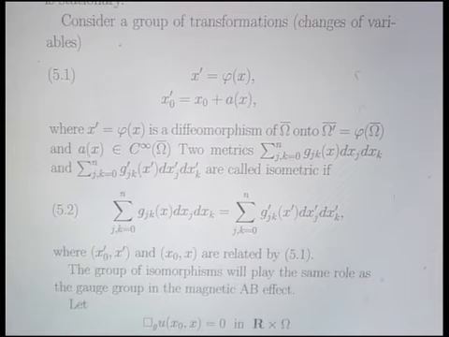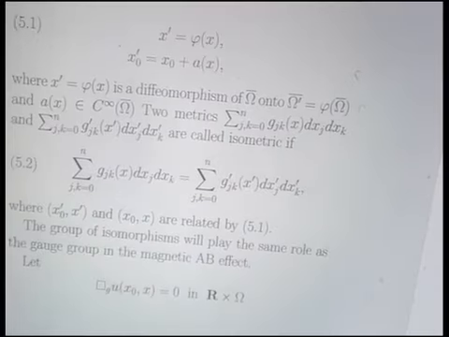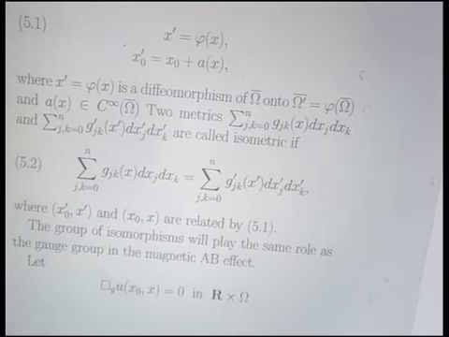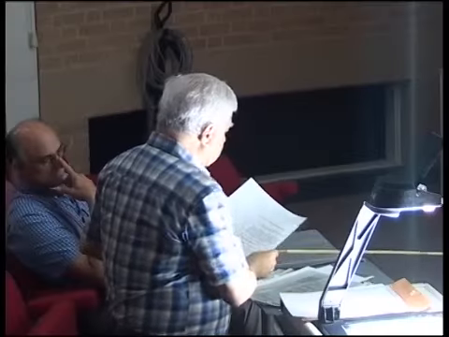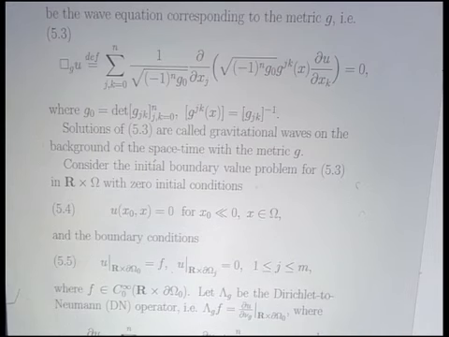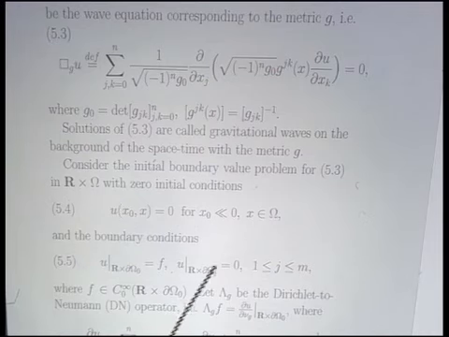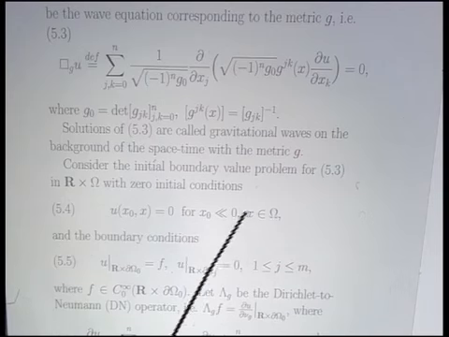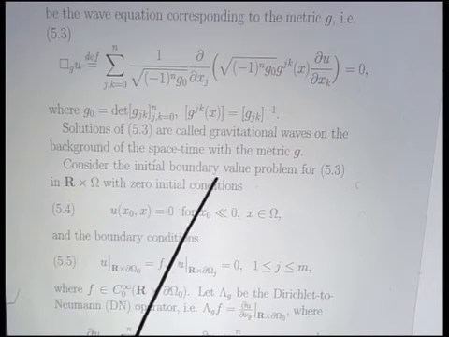Suppose you have two metrics that are locally isometric, but globally not isometric. The question is, does it have a physical impact?